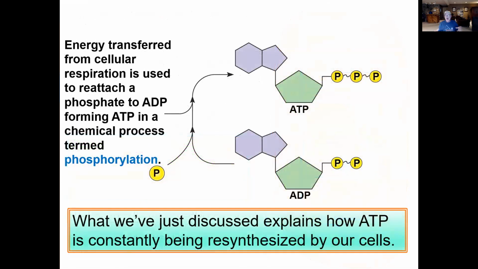So let's go back now to this half of the ATP cycle that I introduced in the previous video earlier in section 4.4, I believe it was. So this is showing the phosphorylation of ADP into ATP.